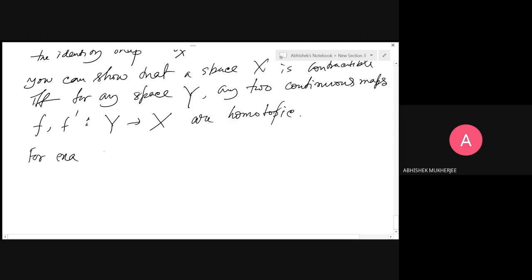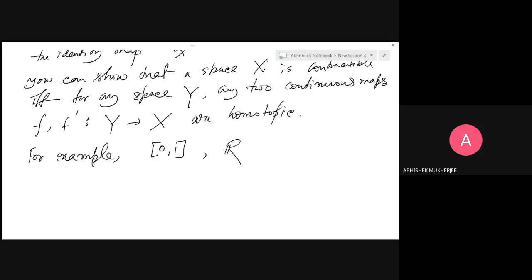For example, of contractible spaces, the closed interval [0, 1] is contractible. The real line is contractible. Why are these contractible spaces? Because in these two spaces, the identity map is straight line homotopic to a constant map, because these are convex spaces.